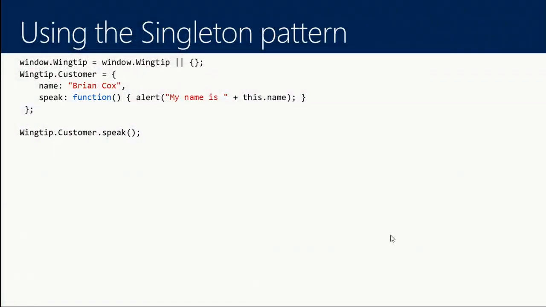The singleton pattern is the declaration of a literal JavaScript object like wingtip.customer, and that literal JavaScript object can have functions as its values, and then those functions can be invoked using method syntax, which is what you see with wingtip.customer.speak. So that's one legitimate pattern for creating our JavaScript.